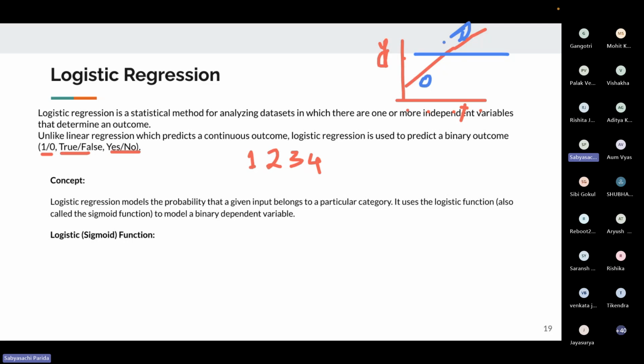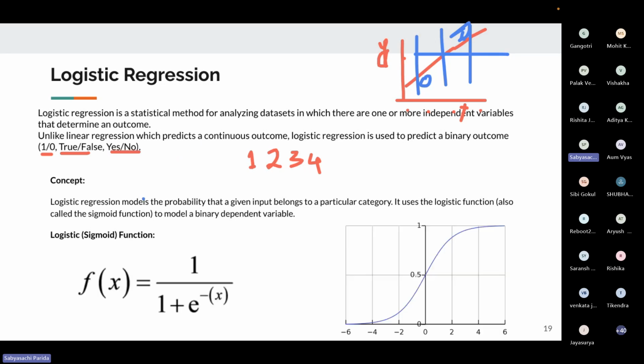What should my threshold be? Or what should the plane be? Can the plane be like this, or like this? How should the plane be so that I can differentiate between the inputs and predict my output accordingly? For that, we have a logistic function, or a sigmoid function.